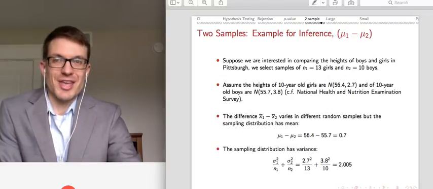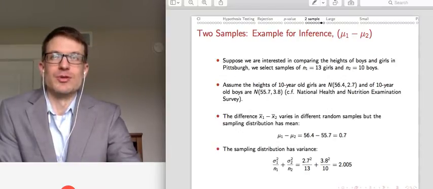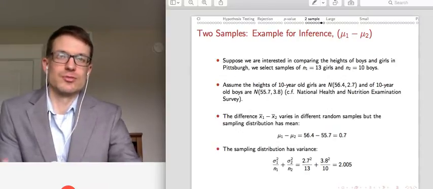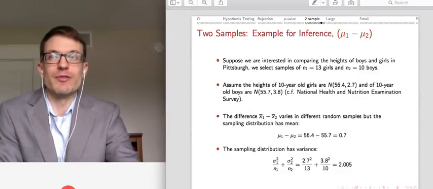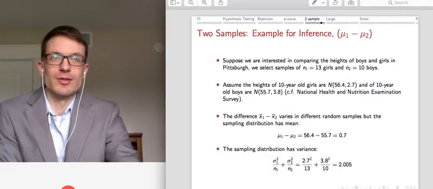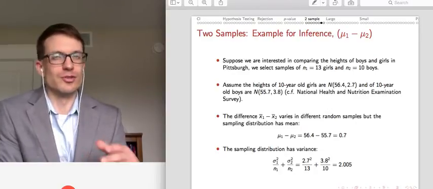Now the difference in sample means that we'd actually compute would vary depending on which samples we actually obtain, but we do know that the difference in population means is going to be 0.7.